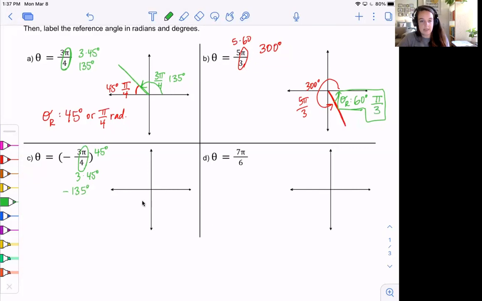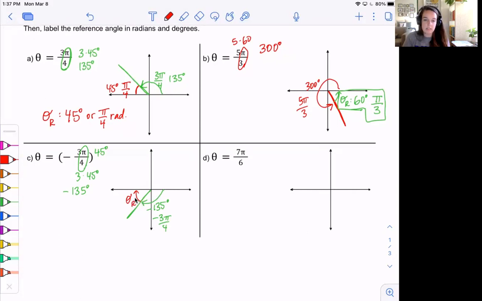Negative degrees. So I'm going to be headed this direction, 3/4, like this. That's going to give me a negative 135 degrees, also negative 3 pi over 4, right? That's my original angle. My reference angle, remember, is straight up to the x-axis.